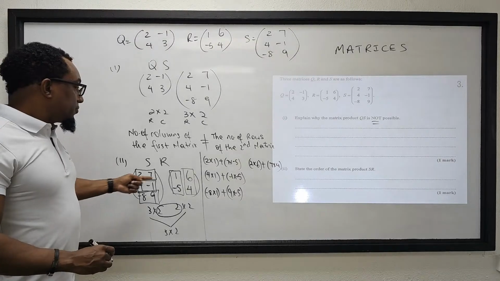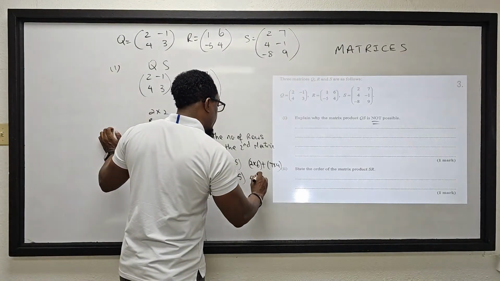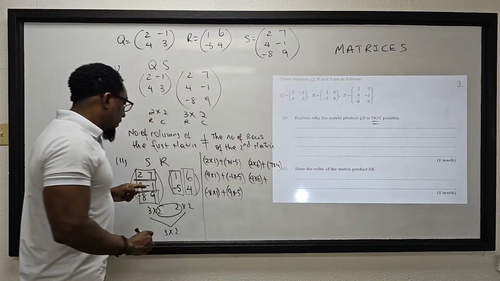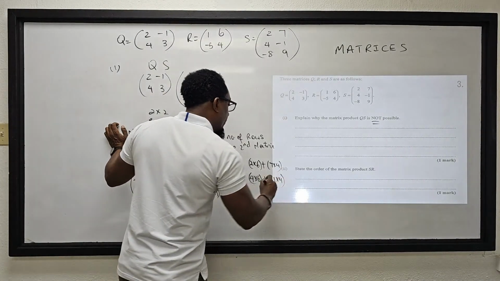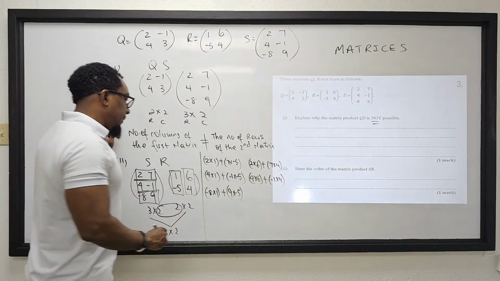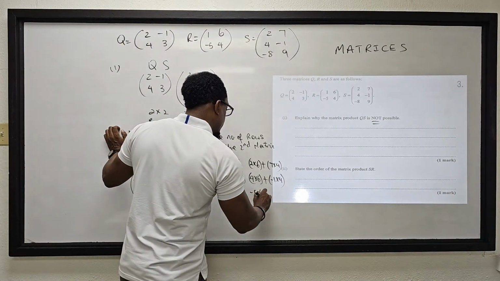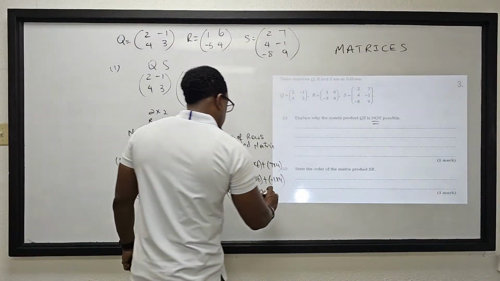And this will be second row by my second column, 4 by 6 plus negative 1 by 4. Then I'm going to multiply my third row by my second column: negative 8 by 6 plus 9 by 4.